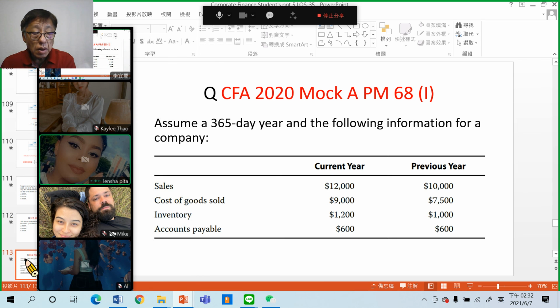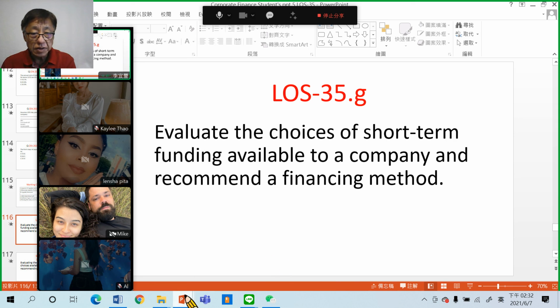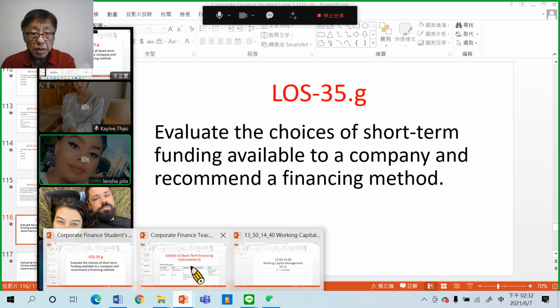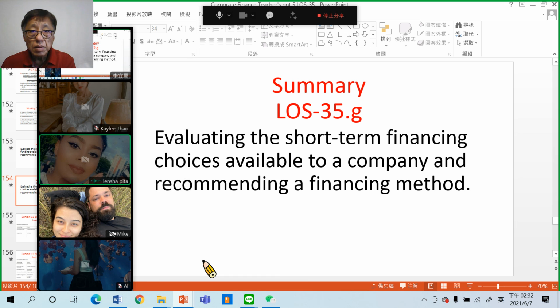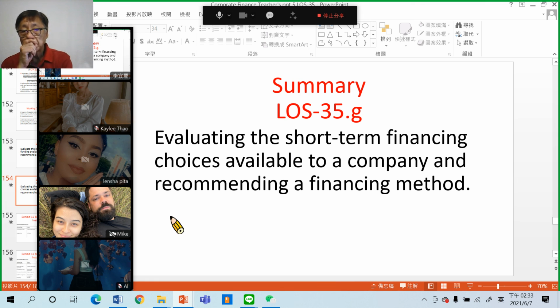Pages 116 to 117. Okay, 116. So we're going to evaluate the choices of short-term funds available to a company and recommend the financing method.